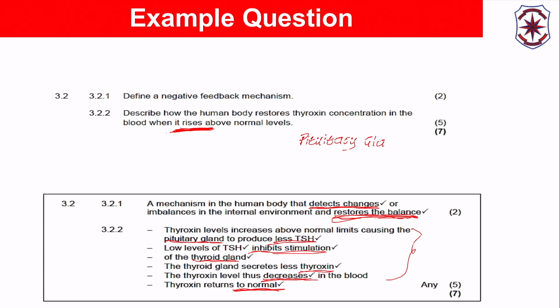The pituitary gland will then secrete less TSH. And when we have less TSH, it means that the thyroid gland will secrete less thyroxin.